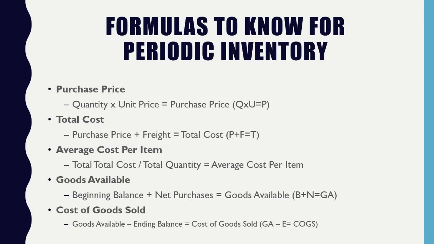Since we don't really care about which batch came first or last, we care about getting the grand total of every single one. So there is no cost per item, but there is an average cost per item, where you take your total cost and divide it by your total quantity. That gives you your average cost.